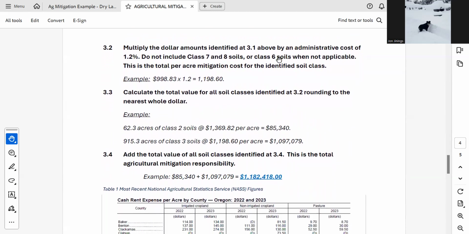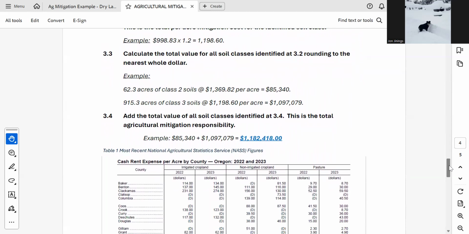And you just kind of walk through the rest of the way. There's an administrative cost feature that we would use. So again, where we ended up with the 998.83 number above, multiplied by 1.2, which gives us that 1198 number. And then you apply those to each amount of soils in acres in each soil class.